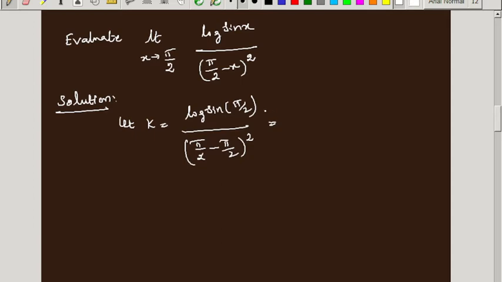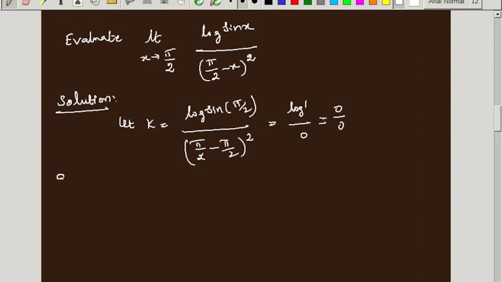So here log sine 90 degree, sine 90 degree is nothing but 1. So we get log 1 in the numerator, denominator 0. Log 1 is 0. We are getting 0 by 0 indeterminate form.